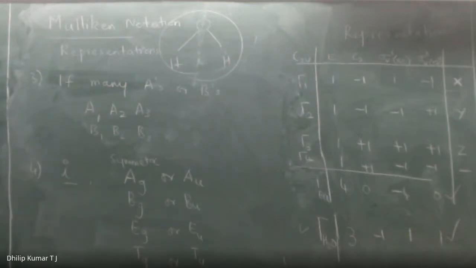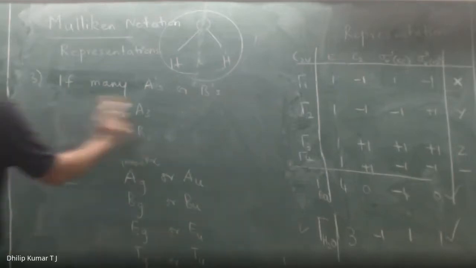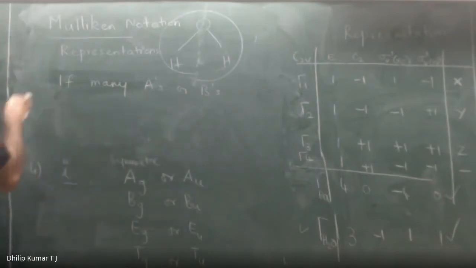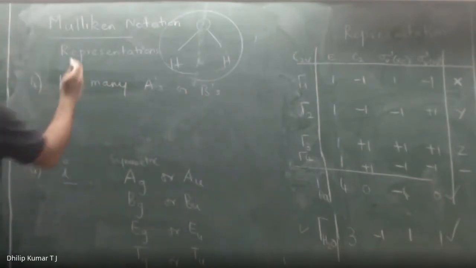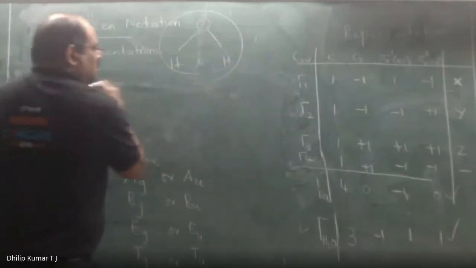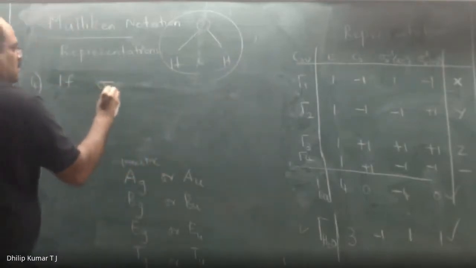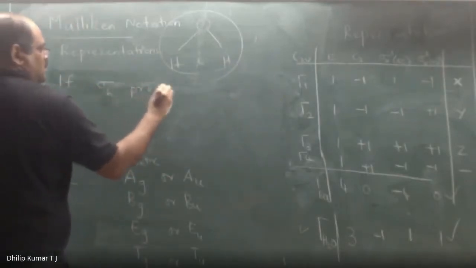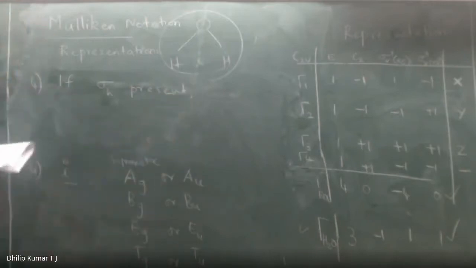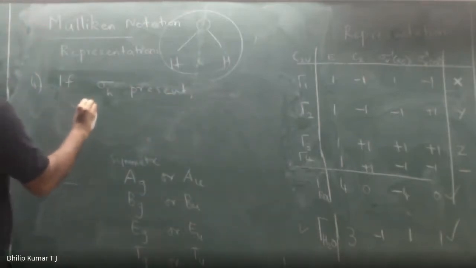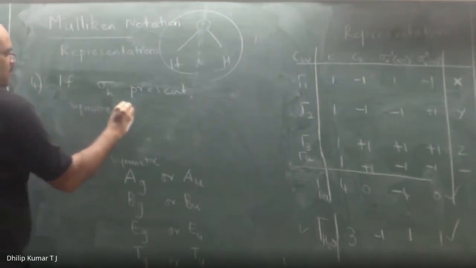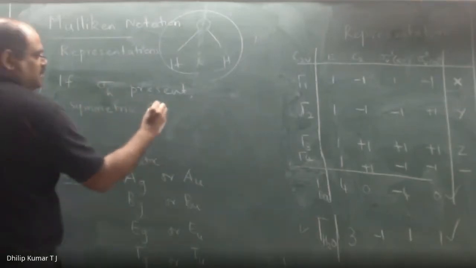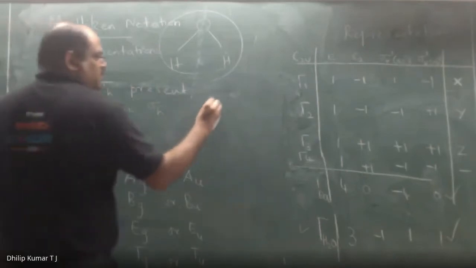prime is also used. If there are multiple A's and if the molecule has a sigma H plane, and if it is symmetric with respect to sigma H, then A prime is given.